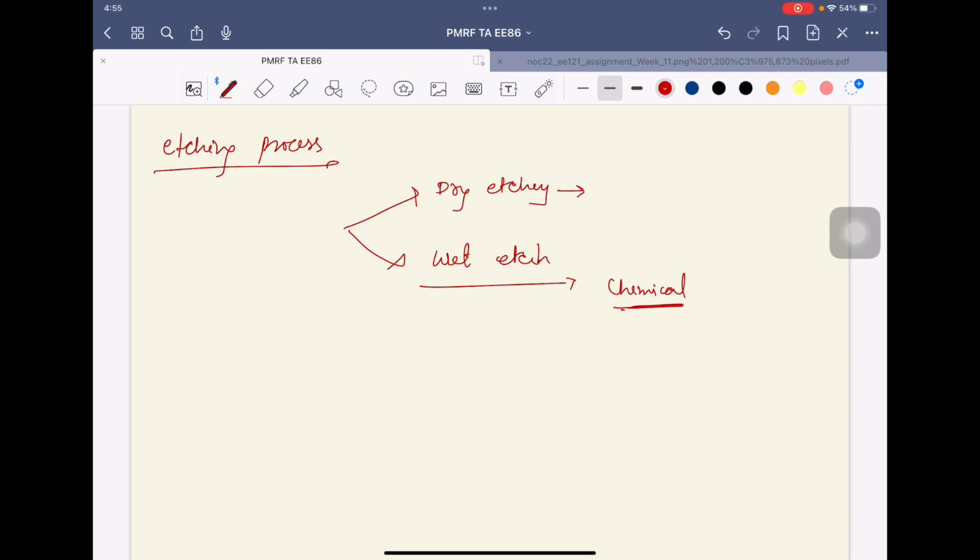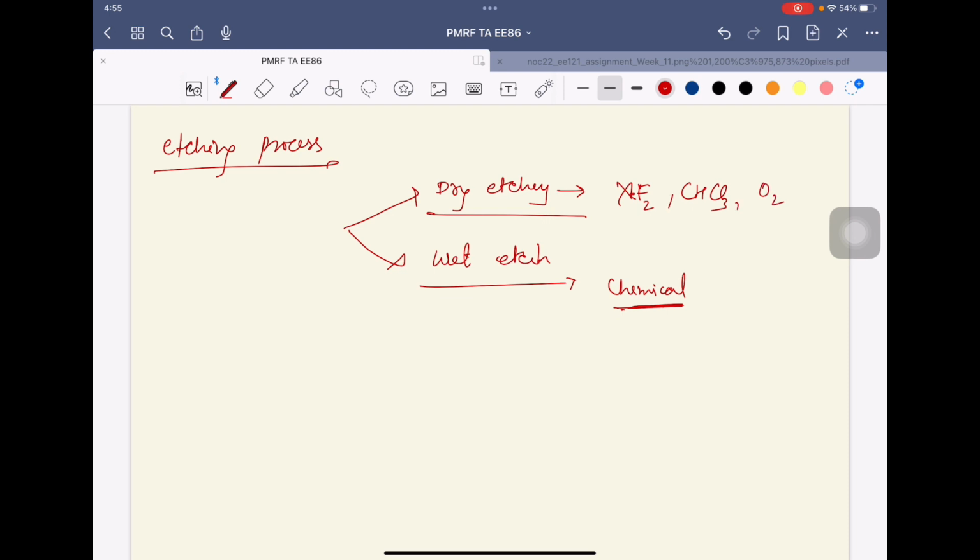And in dry etching, what we do is flow a gas and that gas reacts with your material, and this makes another material which can be evaporated in the high vacuum chamber. Okay, so this is the process of dry etching. For example, xenon fluoride, CHCl3, oxygen plus oxygen plasma.